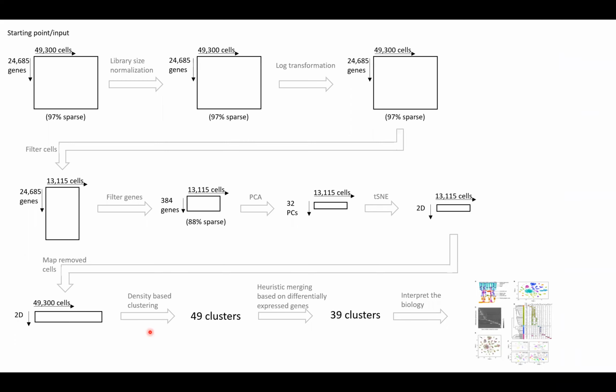And that means in your own practice, when you try to heuristically determine whether two clusters should be merged or represent distinct biology, what would be the appropriate threshold for the number of differentially expressed genes you want to require? There really isn't a universal answer. It's somewhat related to the total number of cells you have.